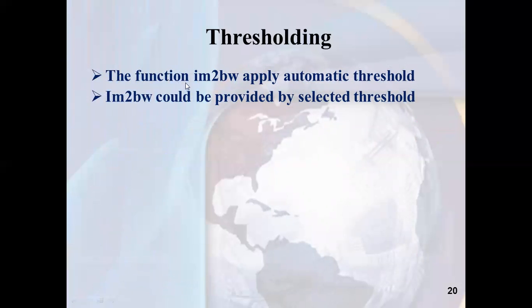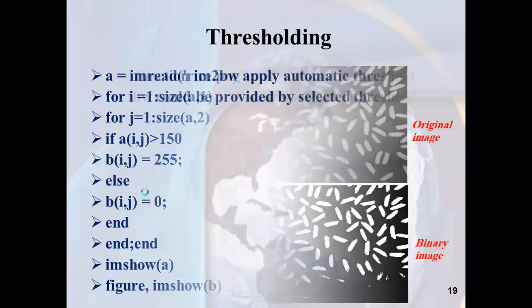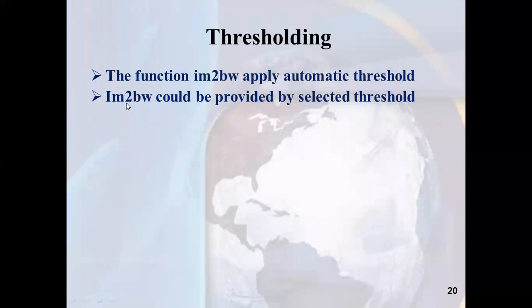Now the function imbinarize, which we can apply, uses an automatic threshold value or could be provided with a selected threshold. Instead of applying this algorithm with for loops, reading the image, looping over size 1 and size 2, and checking if A(i,j) is greater than the threshold value to set 255 or 0, to get two colors, we can just use imbinarize.